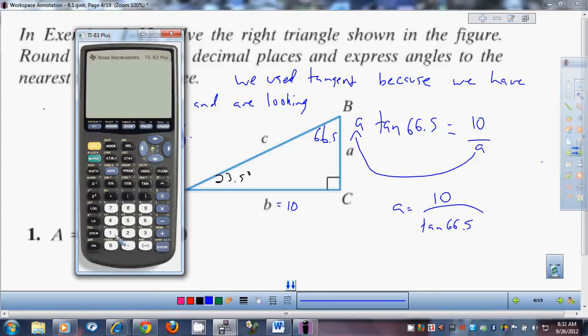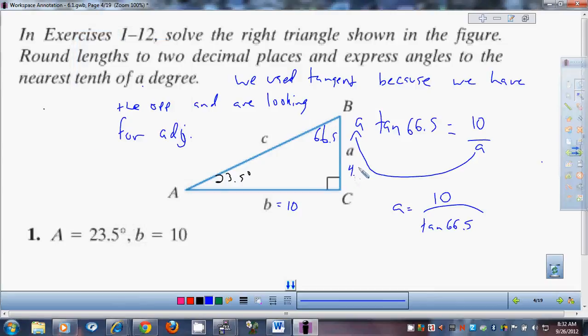So here we go. 10 divided by tangent 66.5. And A equals 4 points... Let's see, it says 2 decimal places, I think. 4.35. From here, you're more than welcome to use Pythagorean theorem.